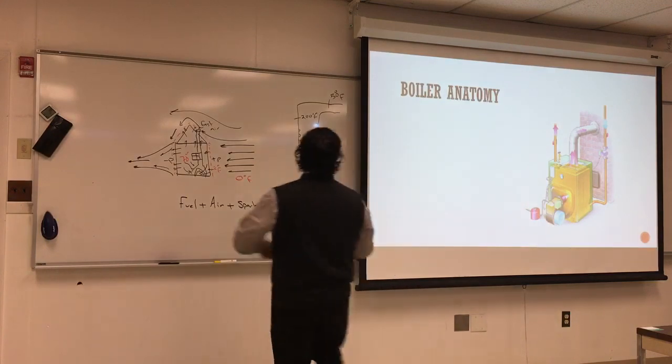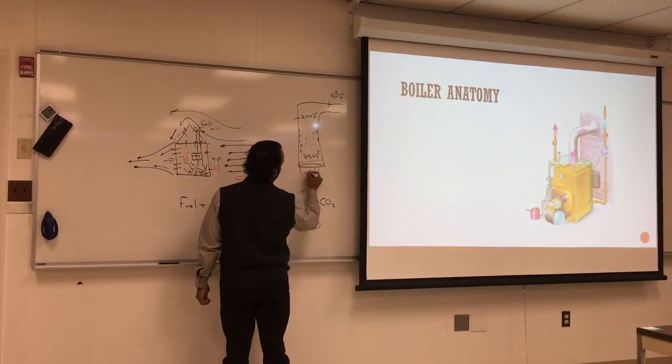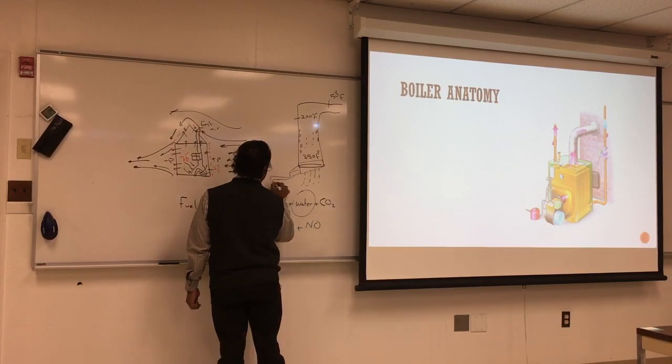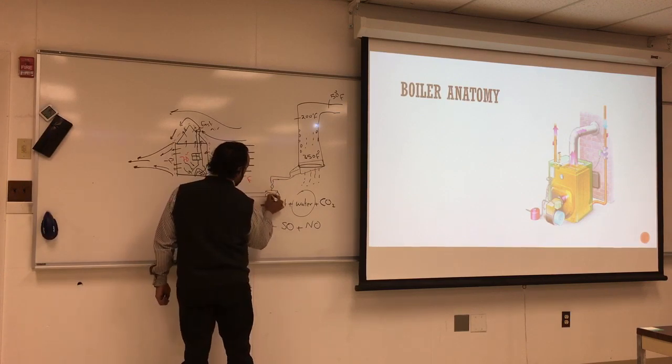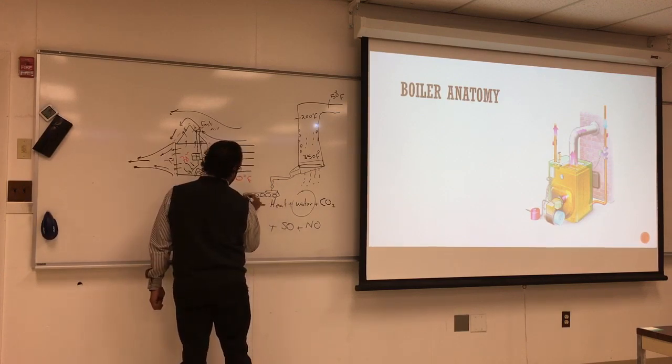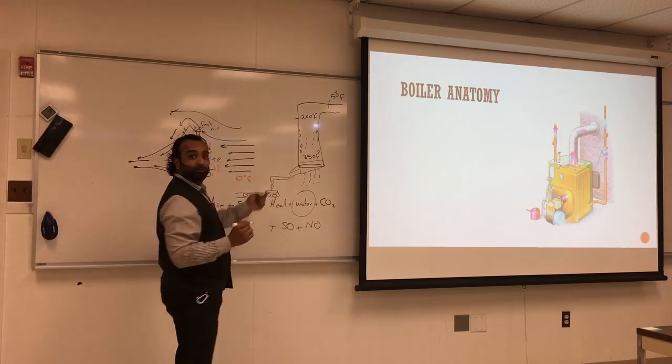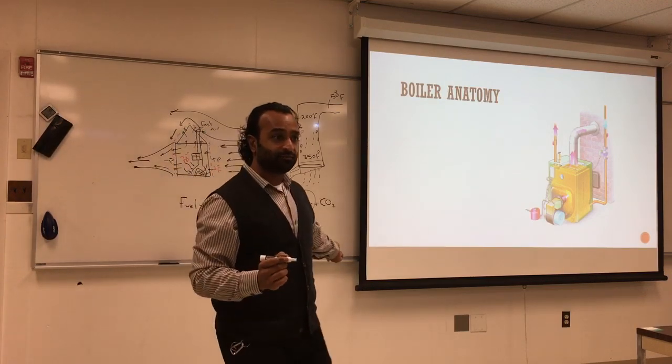So what's happening here? Here we are going to have plates to collect all this condensate into a pipe as water, and we run it through a filter filled with calcium pellets to get rid of all the sulfur oxide.